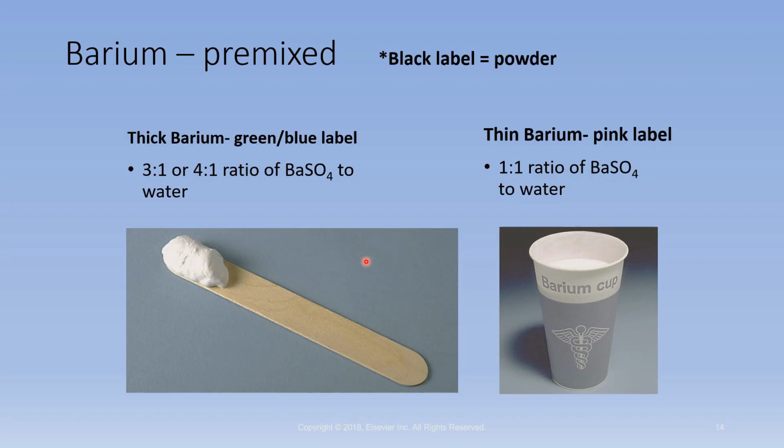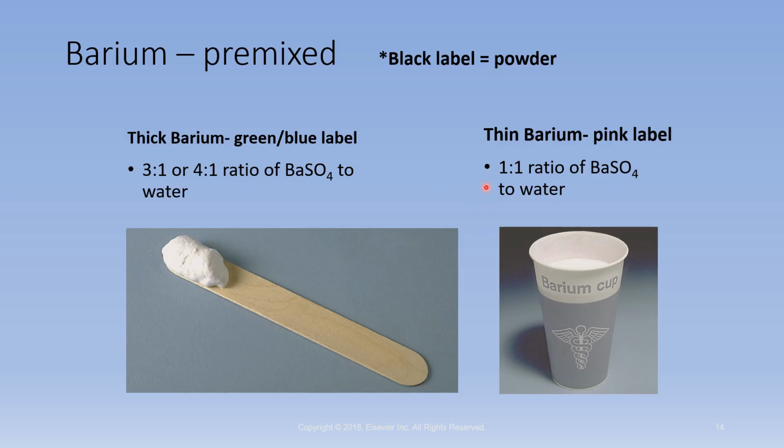But typically thin barium has a pink label, and the ratio of the barium thickness would be 1 part barium to 1 part water. So relatively thin, not as thin as water, but maybe like milk, like 2% milk, I would say. That's probably about the thickness of thin barium.